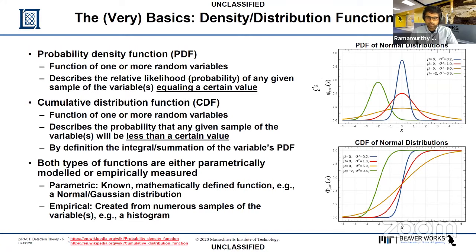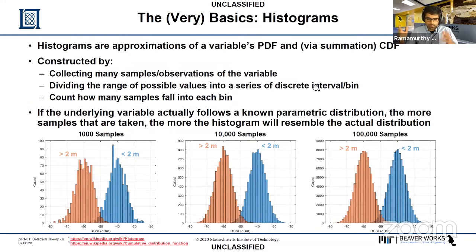All right. So I stated that you can represent PDFs and CDFs either parametrically by a closed form solution, a mathematical formula that therefore defines it perfectly, or you can measure it. You can get an empirical distribution. So the empirical distribution is what you get when you're actually collecting data.